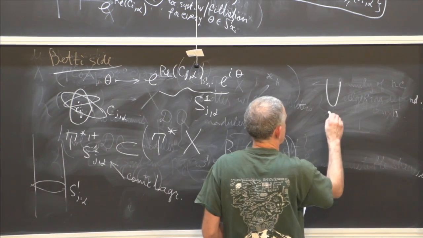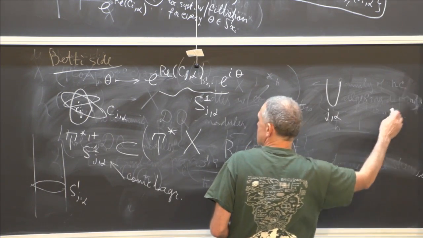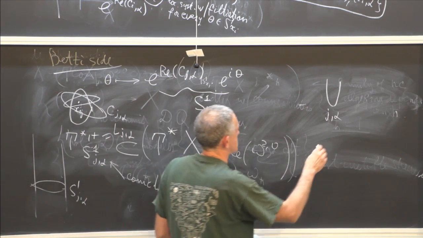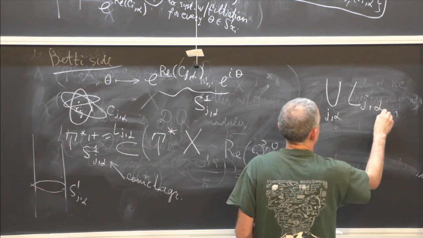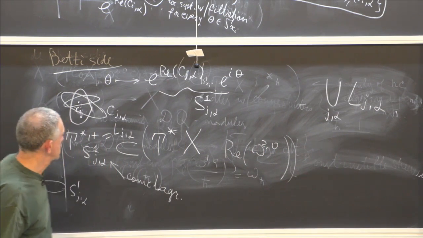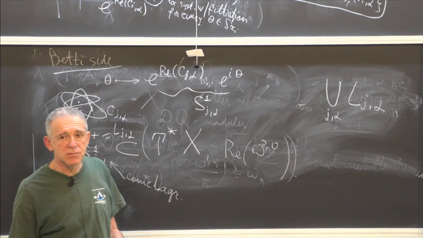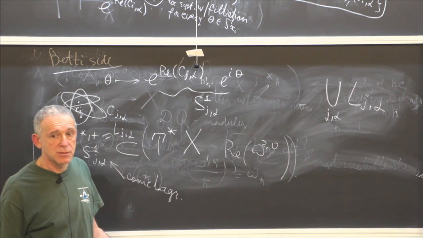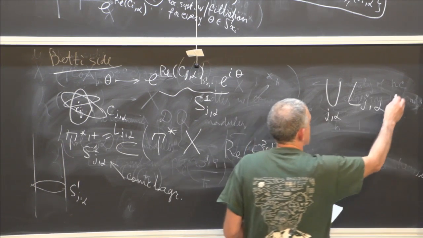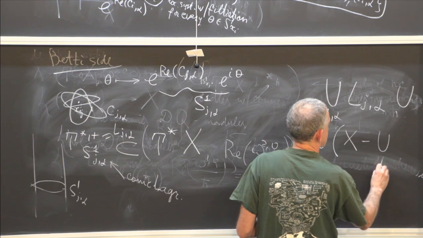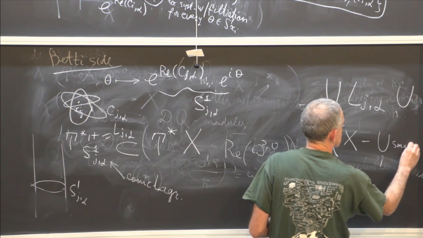So I can take the union of these Lagrangians, and I would like to add the zero section if I'm interested in the local systems only, not in all holonomic D-modules. Then I will add the zero section minus the union of small disks.